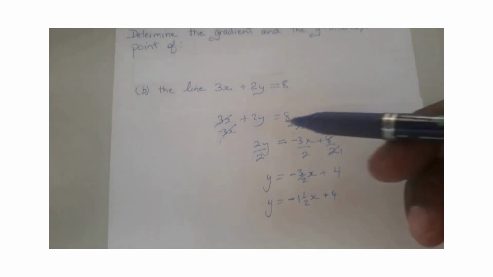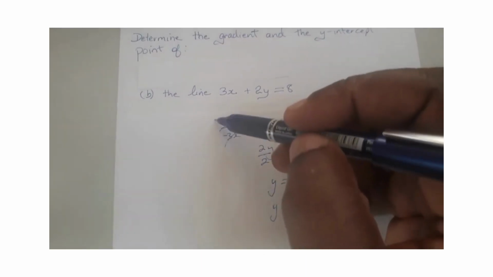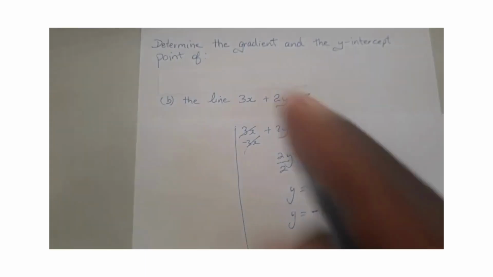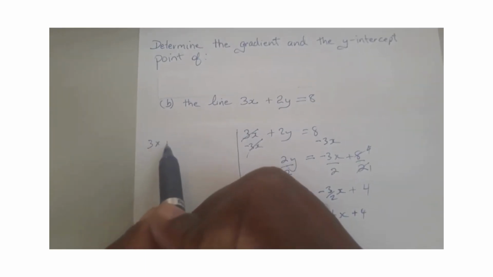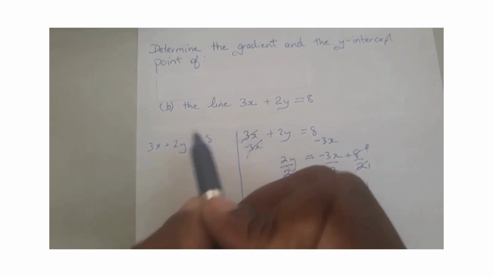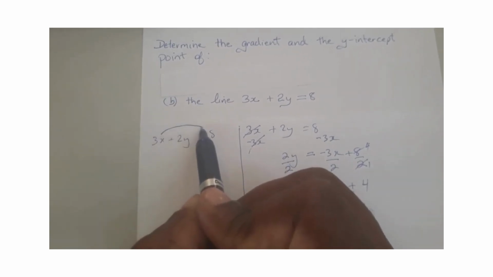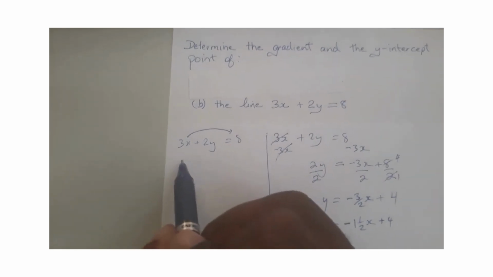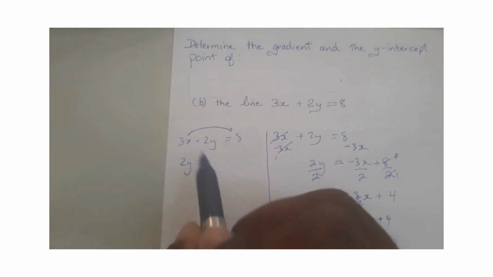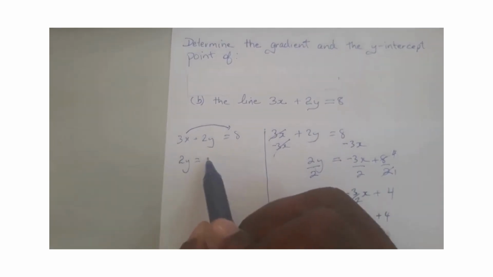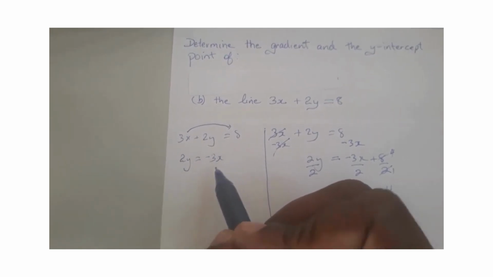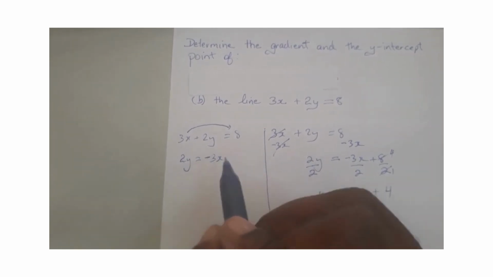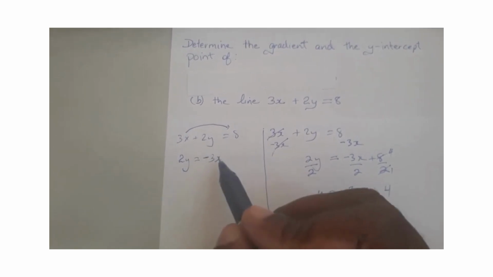Now, some people might say this is a little confusing. So if we had used the transposing method, let's rewrite the equation: 3x plus 2y equals 8. Transposing the 3x to the other side will make it negative 3x on the other side. In the next step is where I'll write the 3x on the other side as negative 3x. Remember, it must be done in the next step. This is the transposing method.